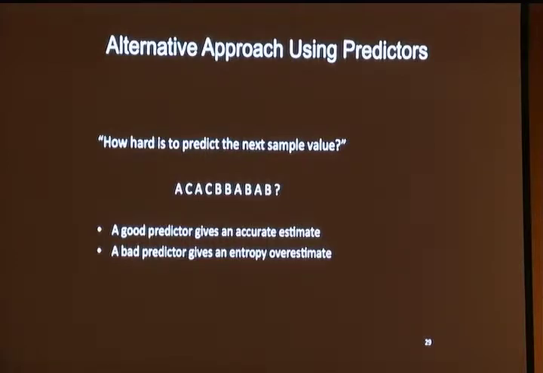We know that if we have a good predictor, it will give us an accurate entropy estimate, and if we have a bad predictor that doesn't fit our model, it will be an overestimate. But if we look at many different predictors and take the minimum one, we hope to get close to the actual value.